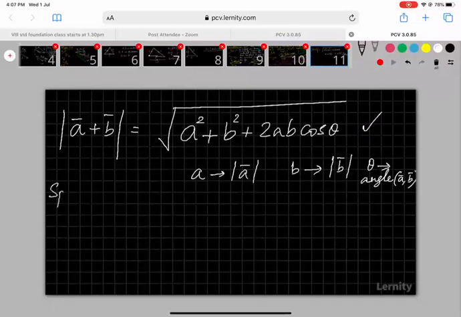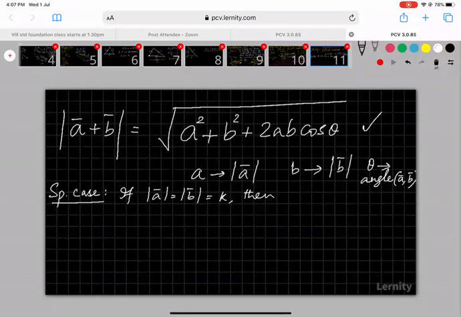There is a special case, of course. A special case is like if magnitude of a bar is equal to magnitude of b bar is equal to, say, k. Then both the vectors have equal magnitude. Maybe they are aligned at an angle theta. They are not in the same direction, but their magnitudes are same, let us say.